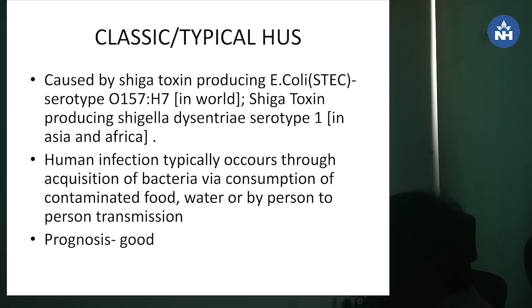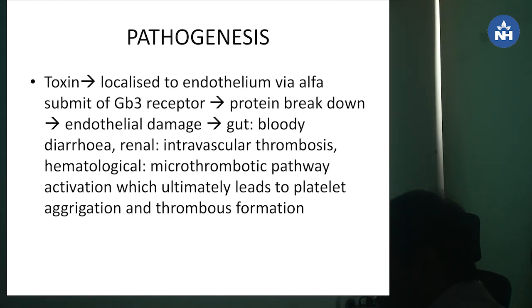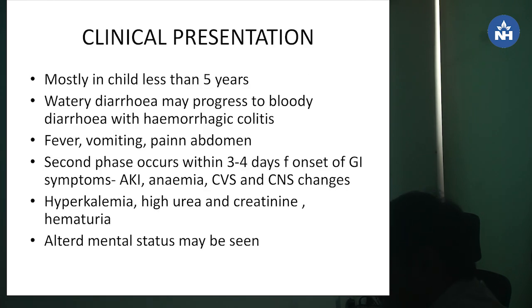Now, classical or typical HUS is mainly found in the pediatric population, caused by Shiga toxin producing thrombosis, with microthrombotic pathway activation which ultimately leads to platelet aggregation and thrombus formation.